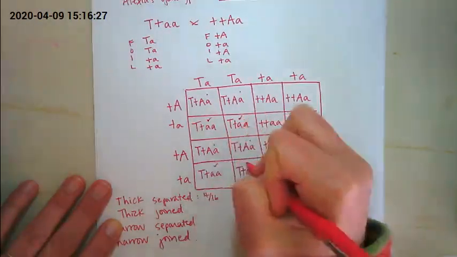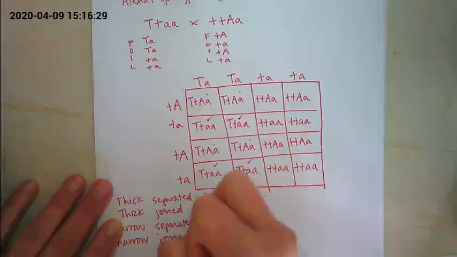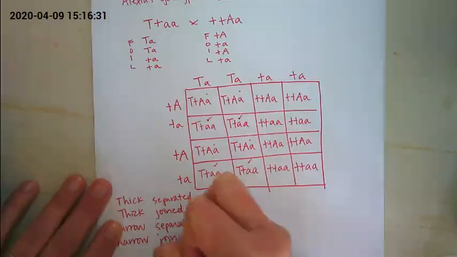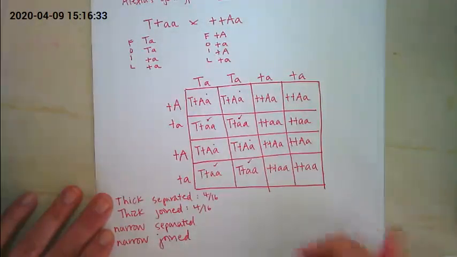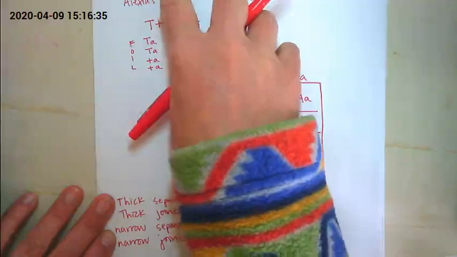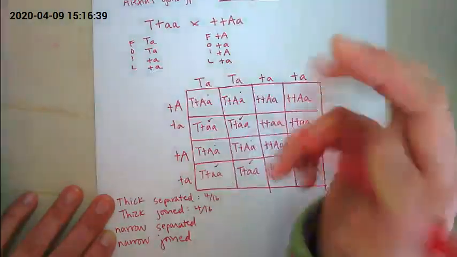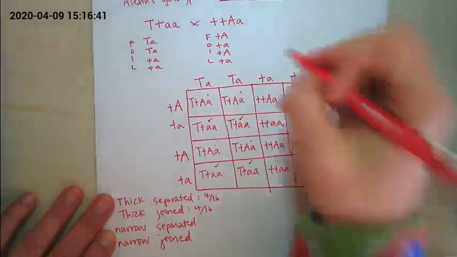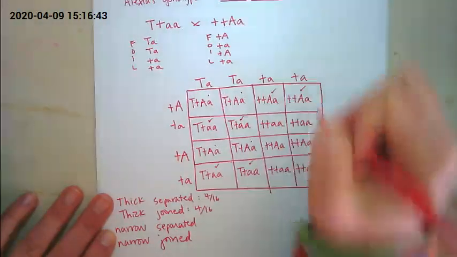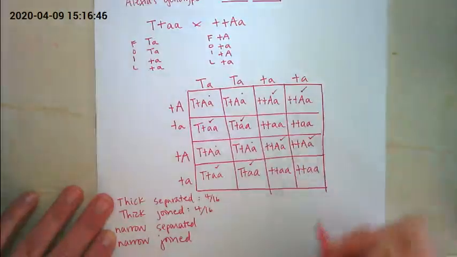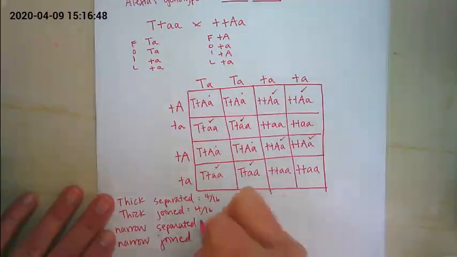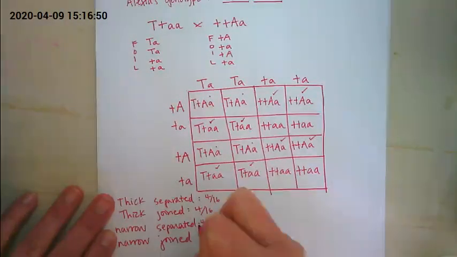So that's 4 out of 16. For narrow separated, narrow is recessive, so we're looking for little t's. Separated is dominant, big A's. So little t's with big A's. We got 2 here and 2 here. So that's 4 out of 16.